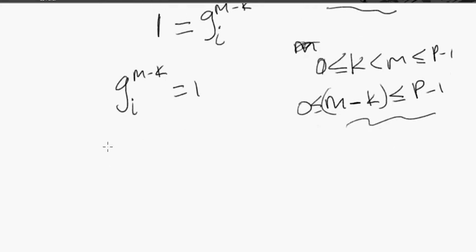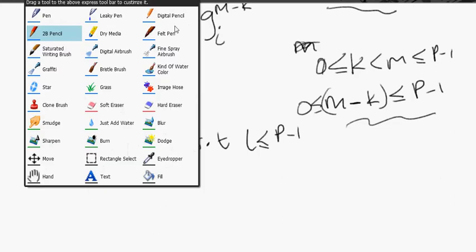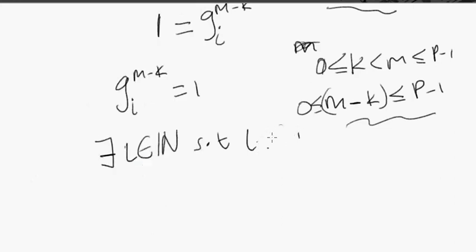Isn't that the same as telling us that there exists some natural number L, such that L is less than or equal to p minus 1, which would be the same as saying that L is less than p? So are we saying that there exists some natural number L, namely m minus k, such that L is less than p and g to the L equals 1?